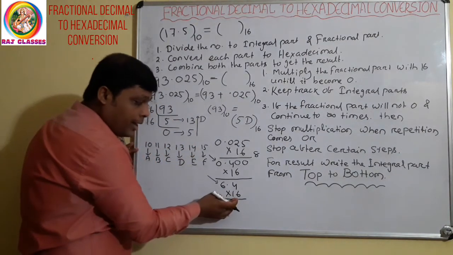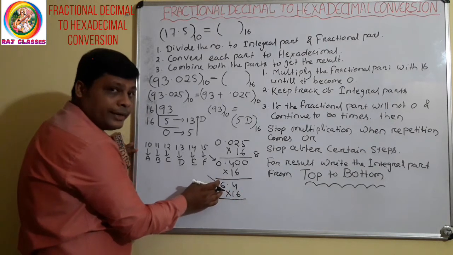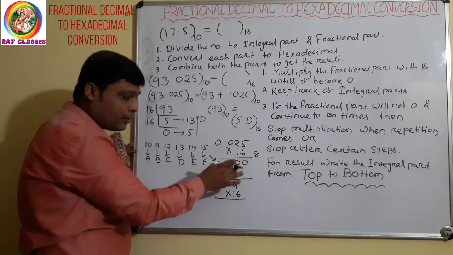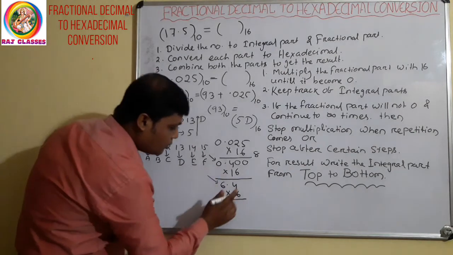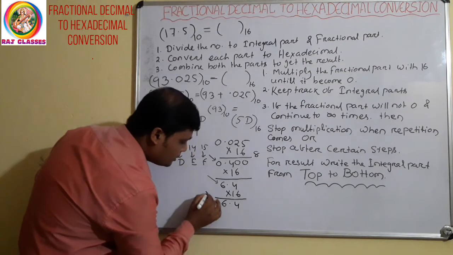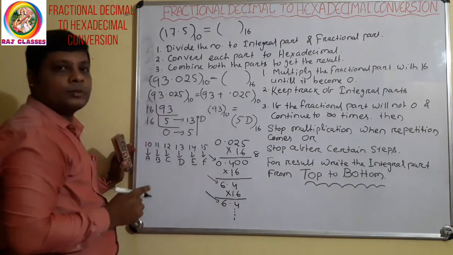We have to multiply only the fractional part, not the integral part. So if again we multiply, this will be again 6.4. This process will continue.